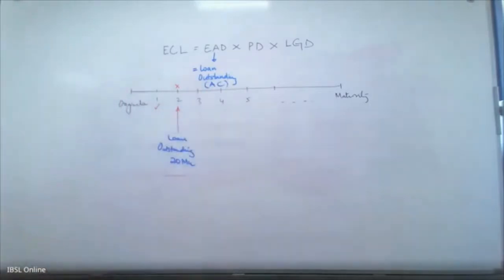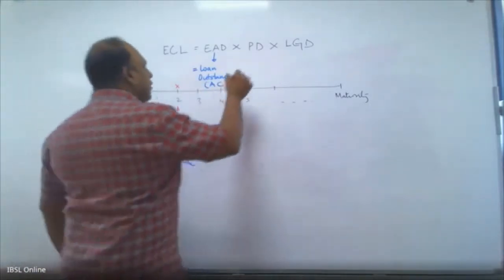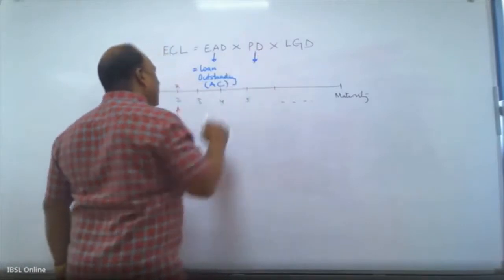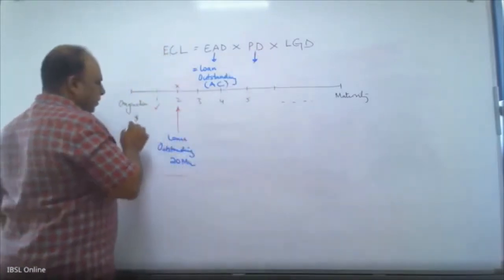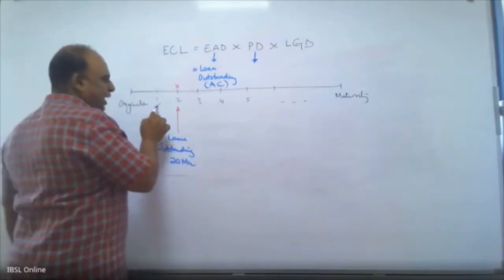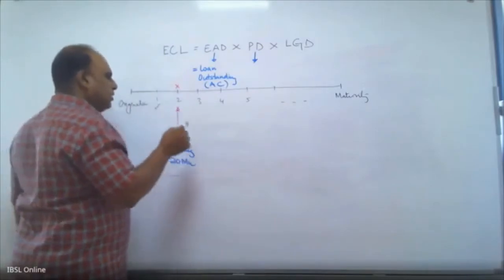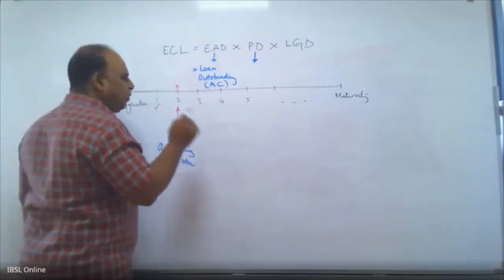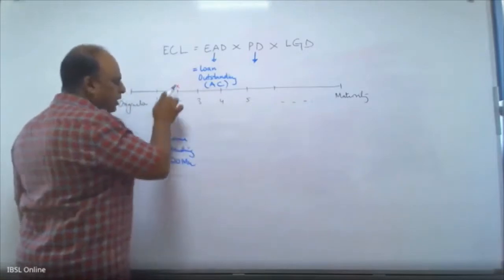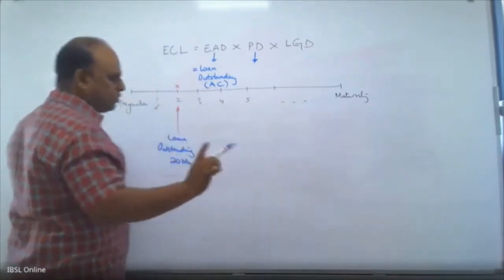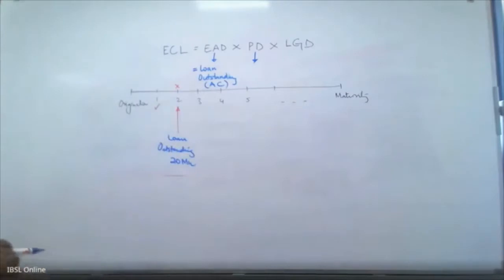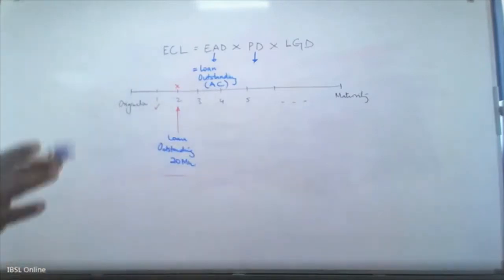Then probability of default is, now you are here or here, and you are thinking that there is a probability of this loan going into bad. This customer has still not paid only one installment. So you can't say that this will be the end of the loan.